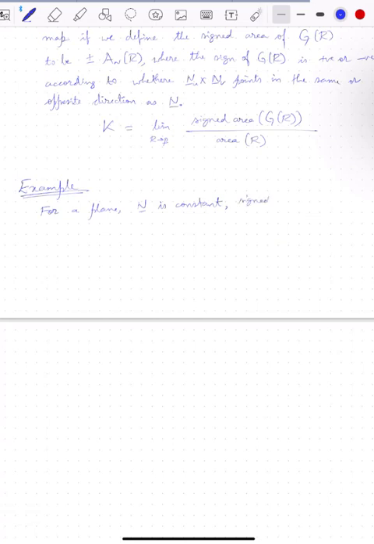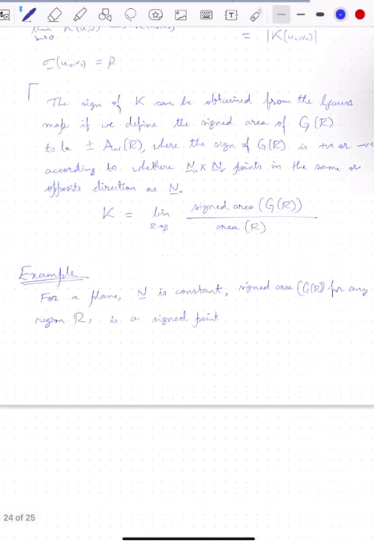So this implies that the signed area of GR, for any region R, is a single point, and thus has zero area.